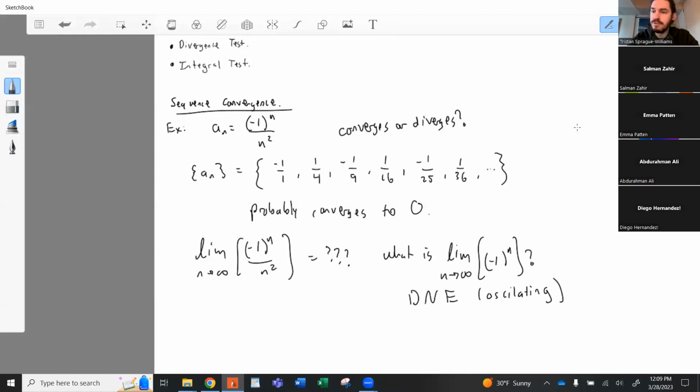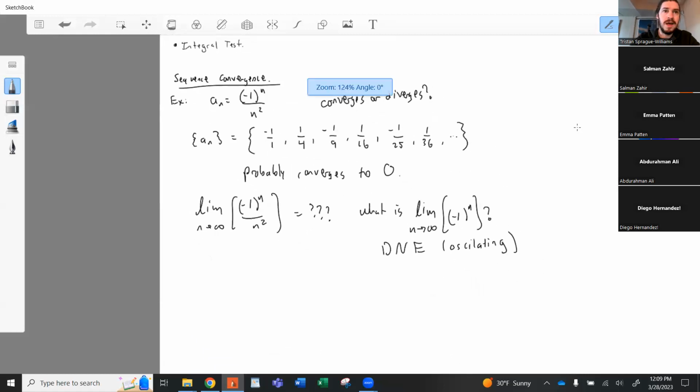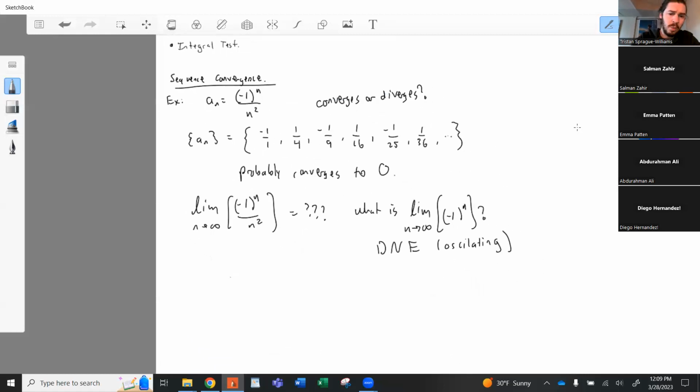So yes, the squeeze theorem is what we can use here. We can say, well, whatever (-1)^n over n squared is doing, it definitely lies between -1 over n squared and +1 over n squared. I mean, between is not necessarily the right word to use. It's either equal to -1 over n squared, or it is equal to +1 over n squared.